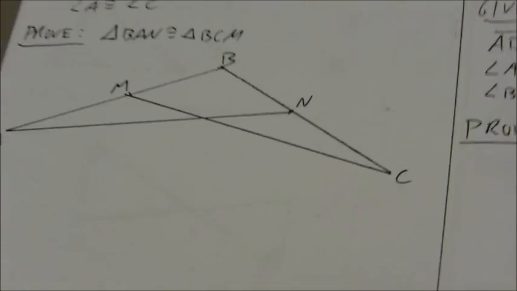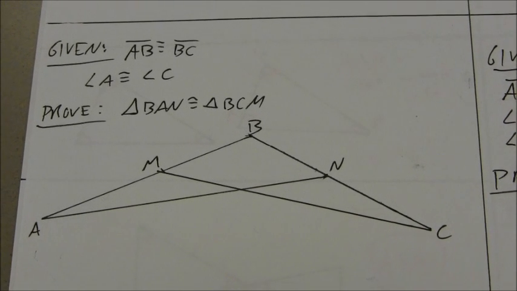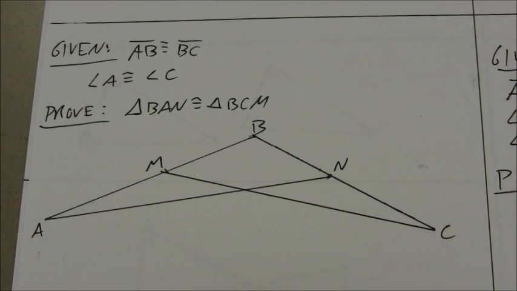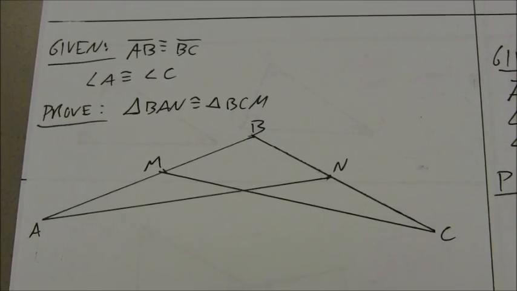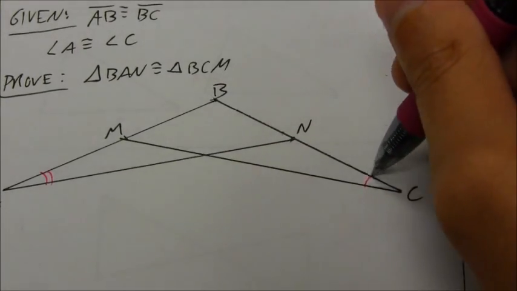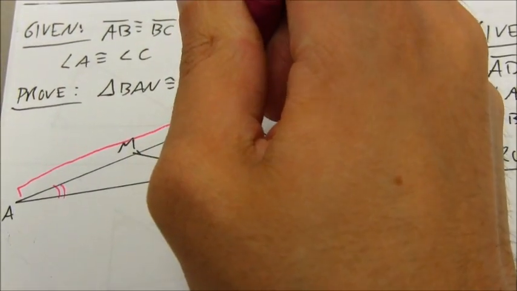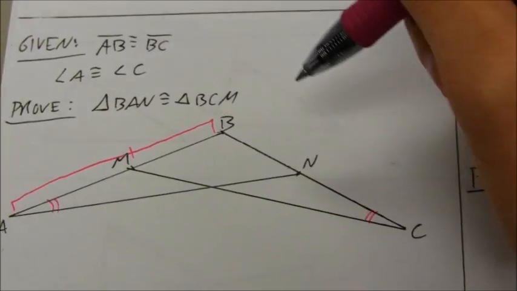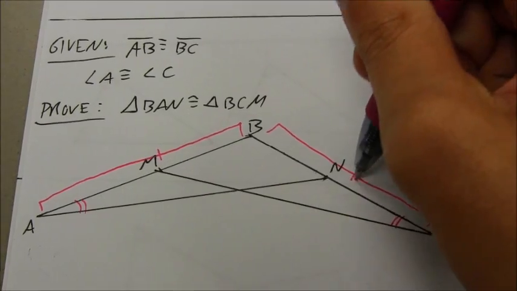Okay, now, moving to overlapping triangles. You can see that AB is congruent to BC. You can see that angle A is congruent to angle C. And AB is this longer segment right here. And of course BC is this longer segment over here.